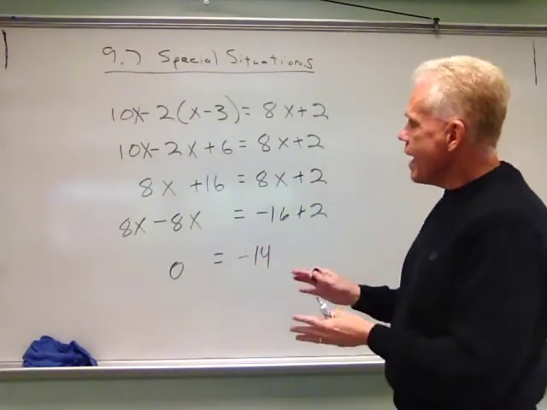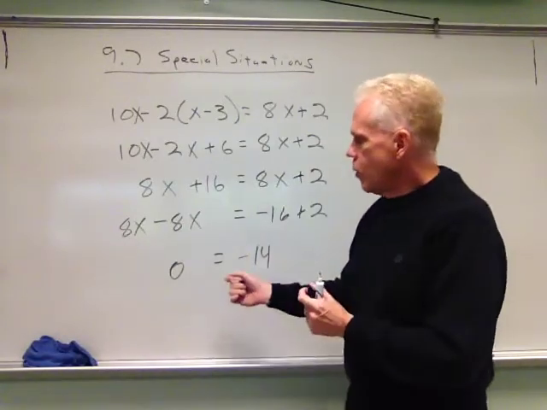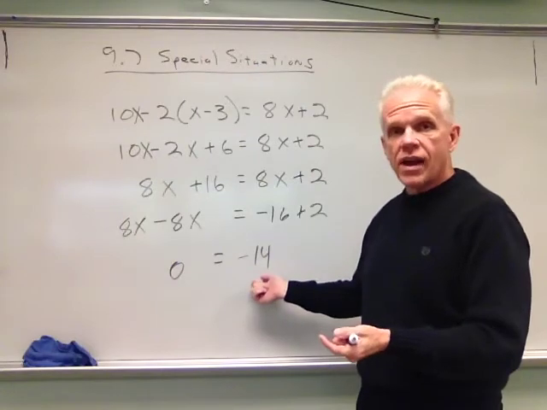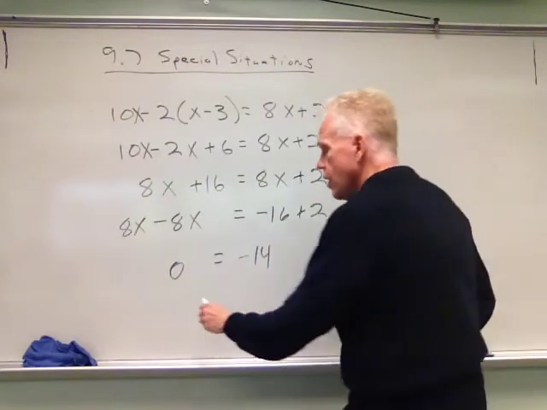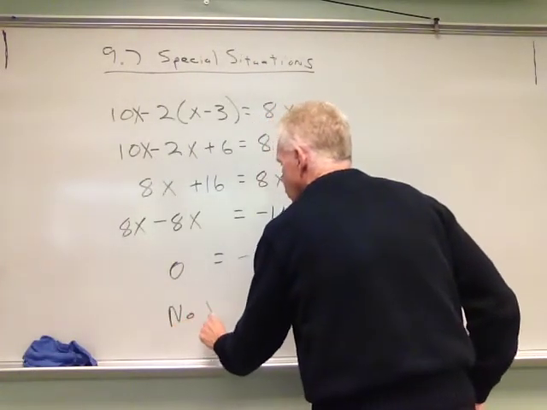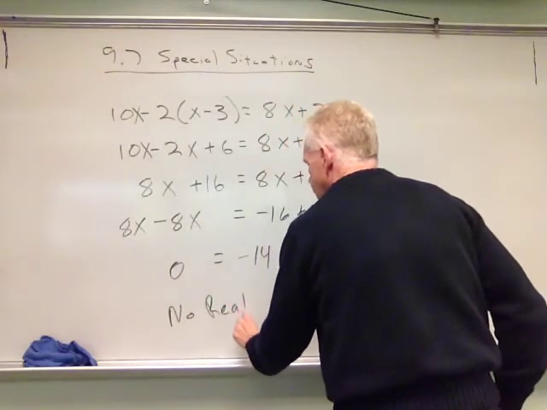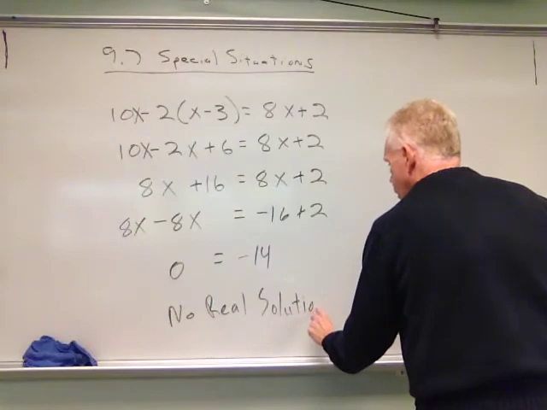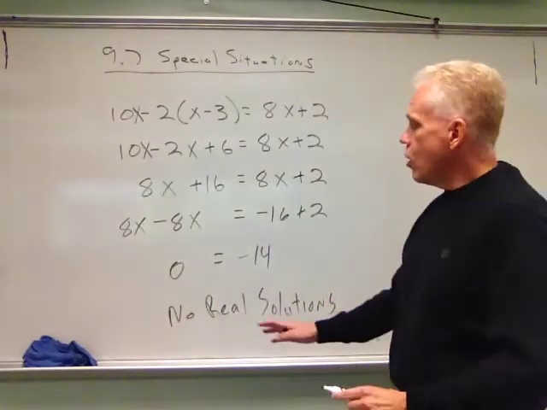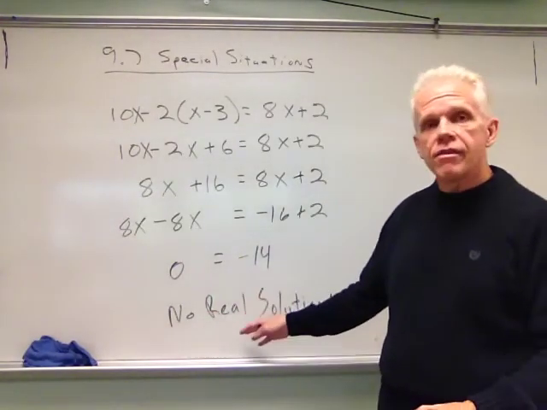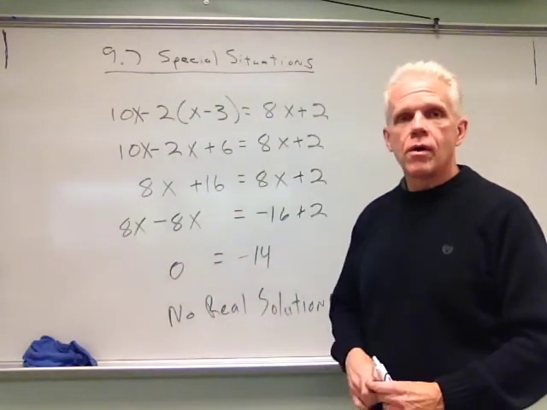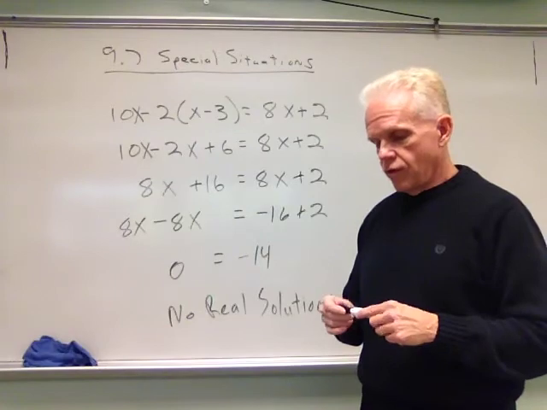And so whenever we end up with an equation that says 0 equals something besides 0, what we have is no real solutions. Or no solutions. There are no solutions. There is not a solution to that equation that'll make it work. And so that's another special situation.